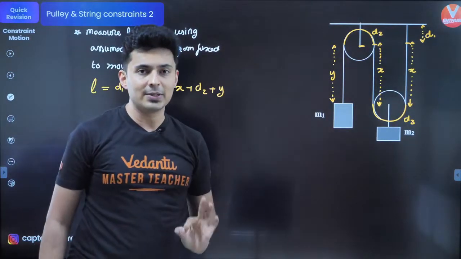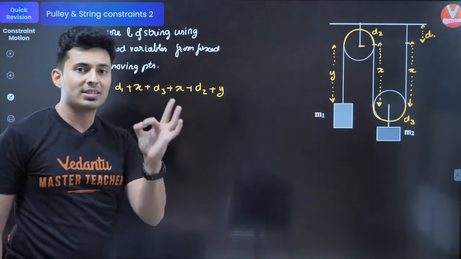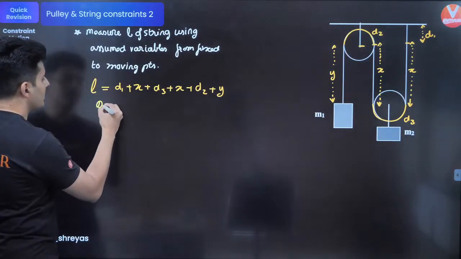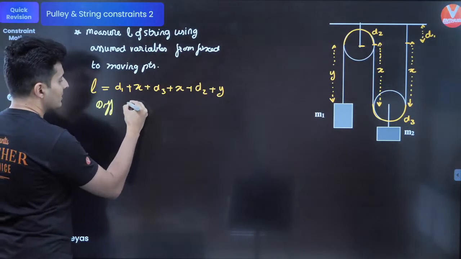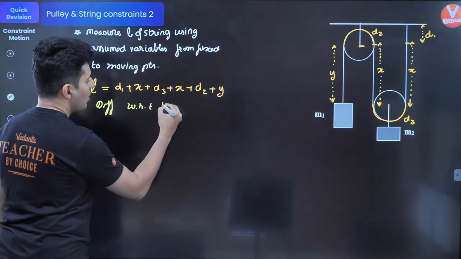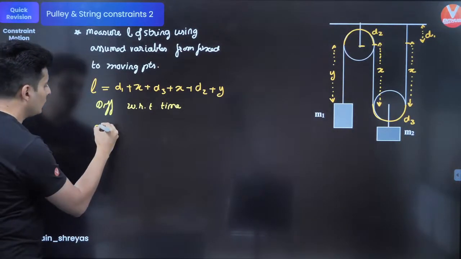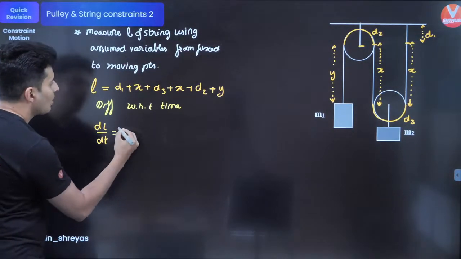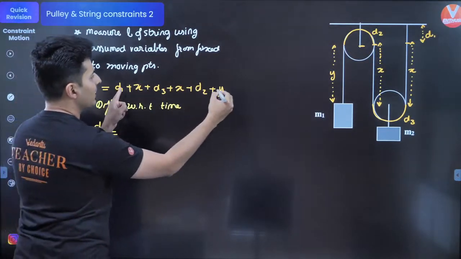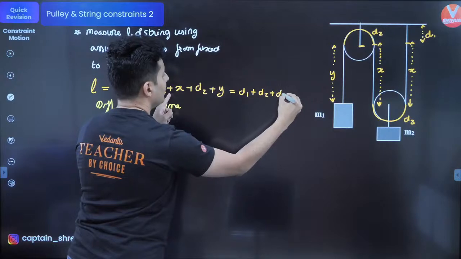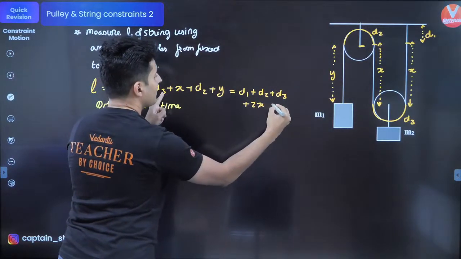Now the next step is crucial. That is where derivatives come in. Differentiate both sides with respect to time. You will see why. When I do this, this entire expression becomes d1 plus d2 plus d3 plus 2x plus y.